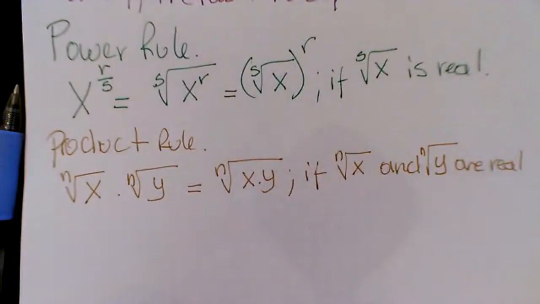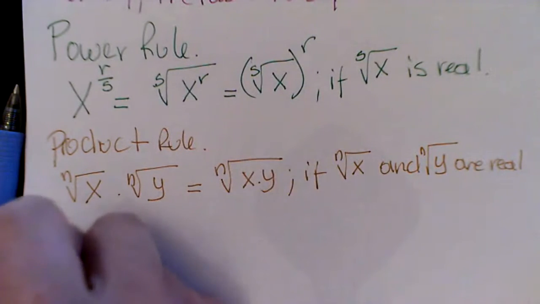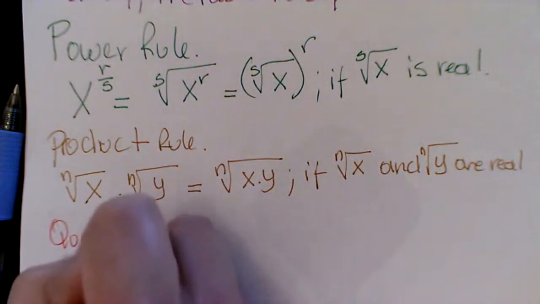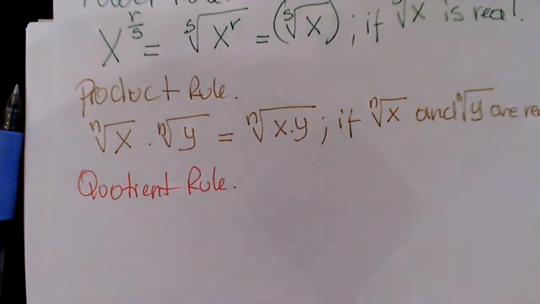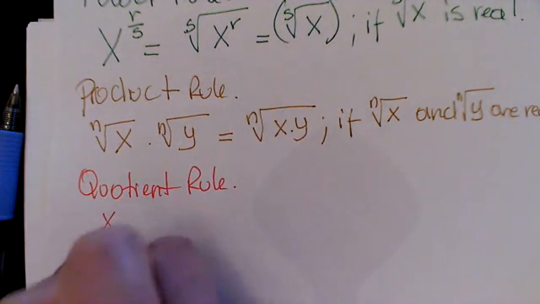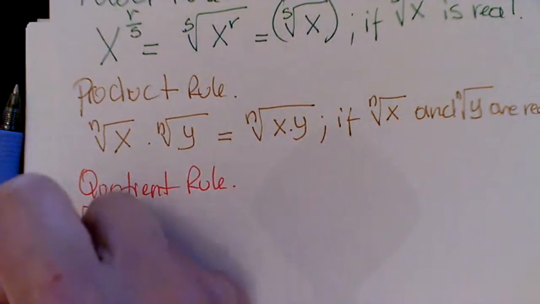And the last one that I have here is the quotient rule. And this one says that the nth root of x over y is equal to the nth root of x over the nth root of y.